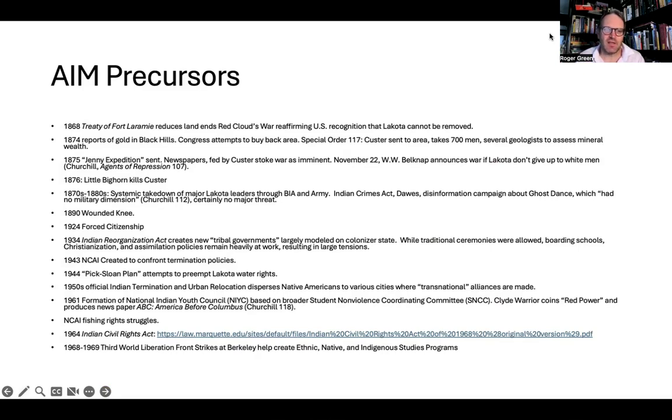Then in 1968 to 69, we see the Third World Liberation Front strikes at Berkeley University in California. Those strikes helped create what we now know as the Ethnic, Native, and Indigenous Studies programs. Those, of course, are the programs that have been under attack at universities by recent moves in conservative government, with the Trump administration and Project 2025, right?